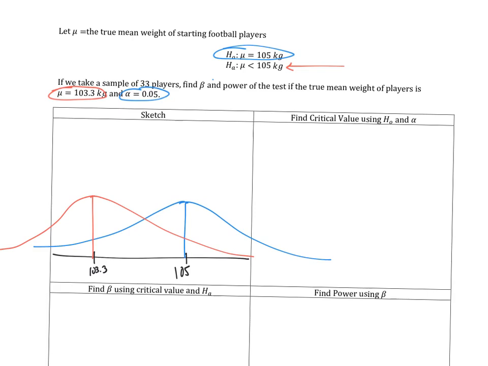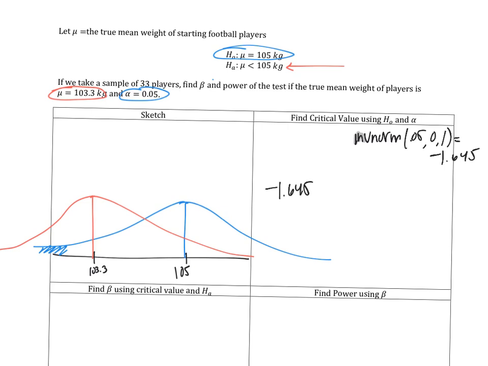Since this is a lower tailed test, I know alpha is somewhere over here in the lower tail. I'm going to find out what that is by using the inverse norm: 0.05, 0, and 1. We'll get negative 1.645.